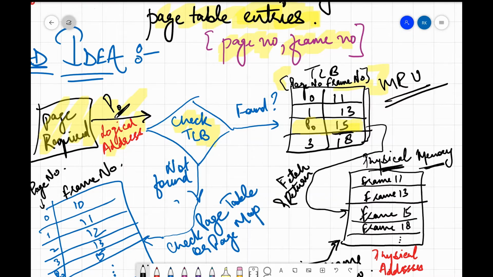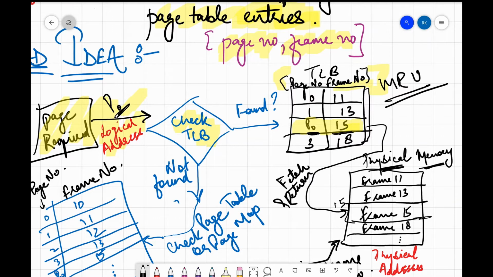So we have basically obtained the mapping of P naught, which was, let's say, a logical address, to a frame number. We have found the index, basically the index of this data, where it will be present in the physical memory. So now when we have the index, that this is frame number 15, you can fetch the data over here and return it to the process.